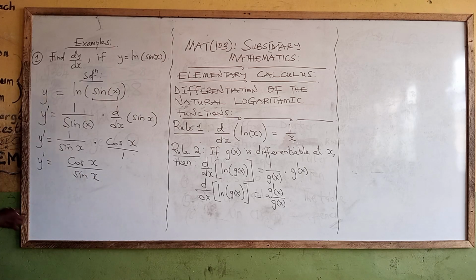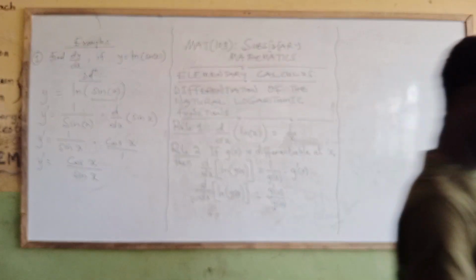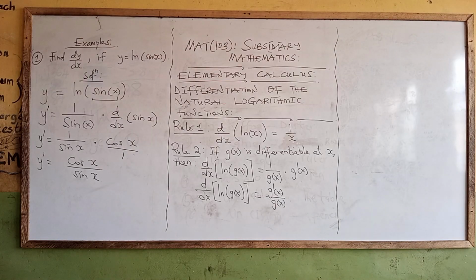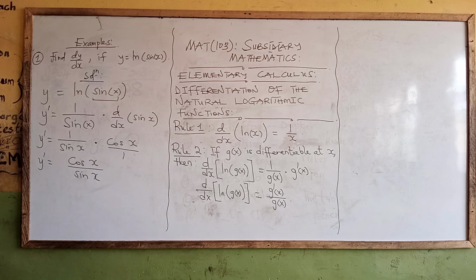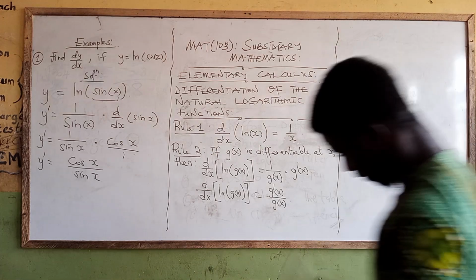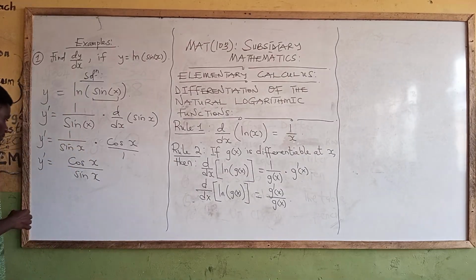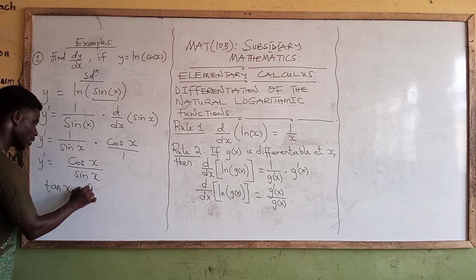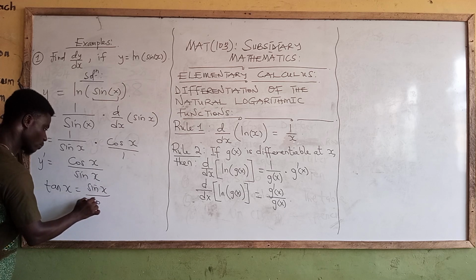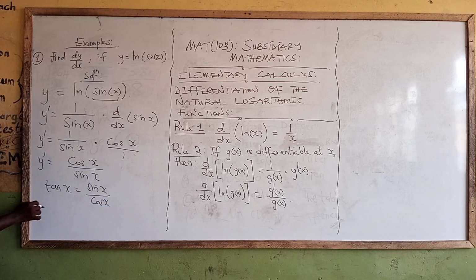Now, y prime equals cos x over sine x. You remember the identity for tan x: sine x over cos x. So what is the identity for cos x over sine x?